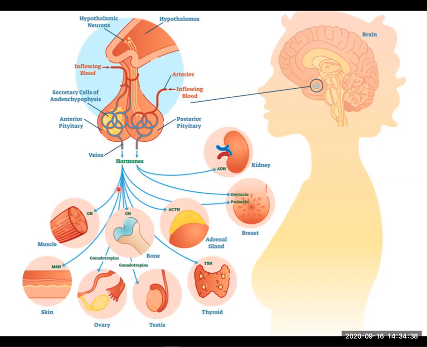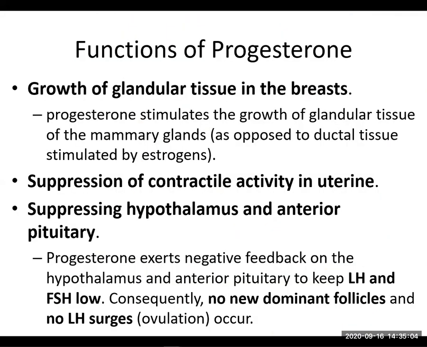The ones we mentioned are the prolactin and the gonadotropins, including FSH and LH. From the posterior, we talk about the oxytocin. Oxytocin acts on the breast as well as on the uterus. So that's the estrogen.